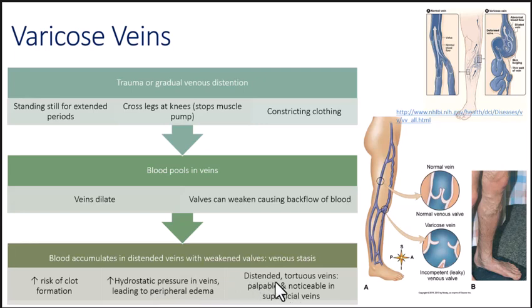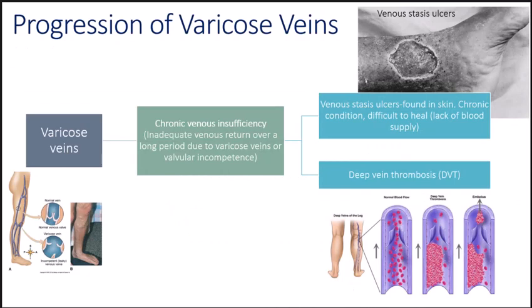Veins can appear very distended and tortuous. They can be palpable in some cases if they're superficial and large enough, and not just palpable, but also noticeable. Varicose veins are very common, and they won't always lead to something that's more concerning, but in some cases, it can lead to what's called chronic venous insufficiency, where over a long period of time, we have this inadequate venous return to the heart.